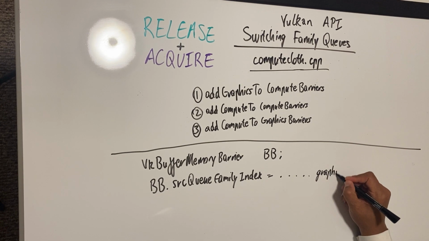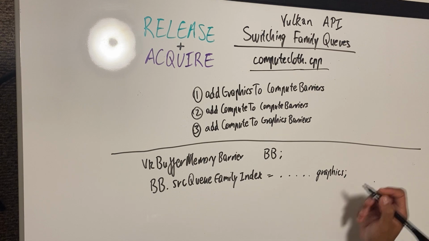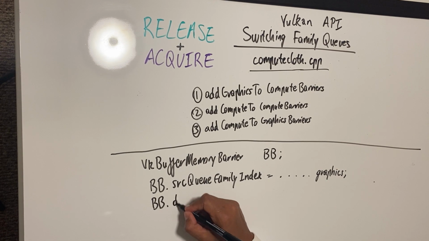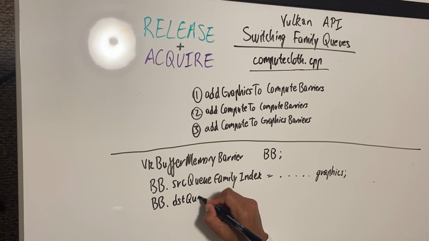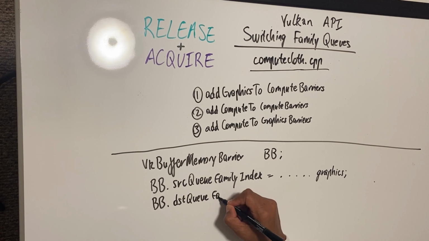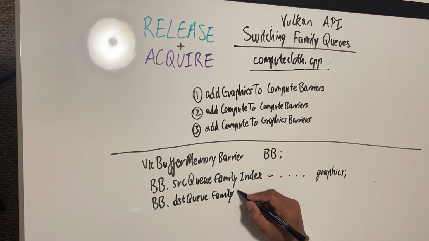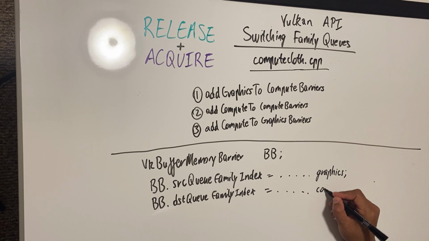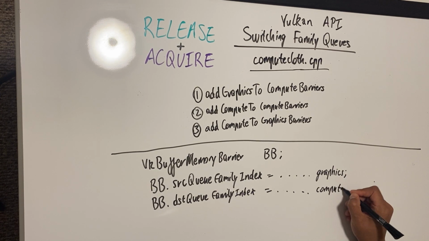Then you have bb.dstQueueFamilyIndex equals a whole bunch of stuff, but this is compute.